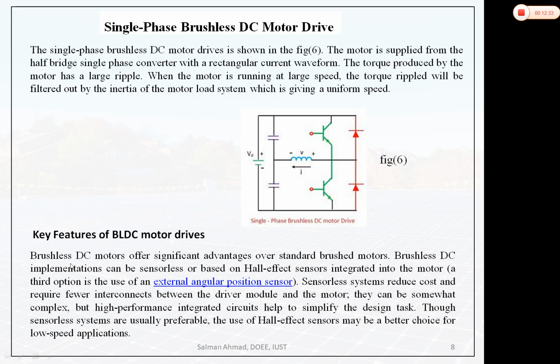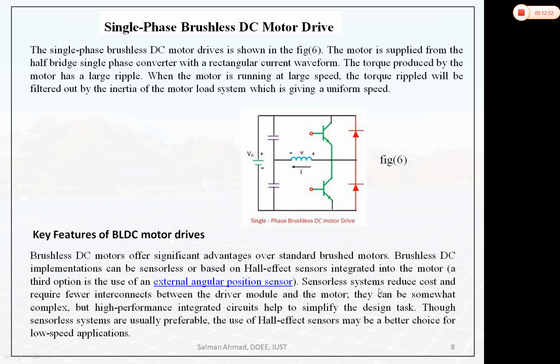There are certain advantages. Brushless DC motors offer significant advantages over standard brushed motors. Brushless DC implementation can be sensorless or based on Hall effect sensors integrated into the motor. A third option is the use of an external rotor position sensor.